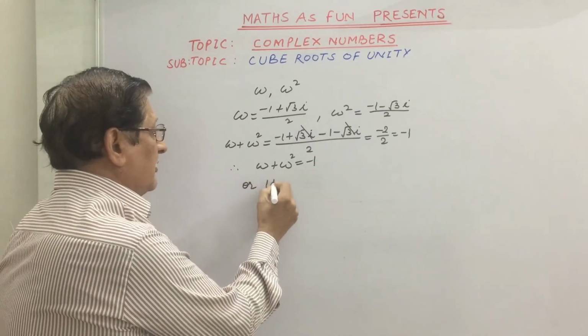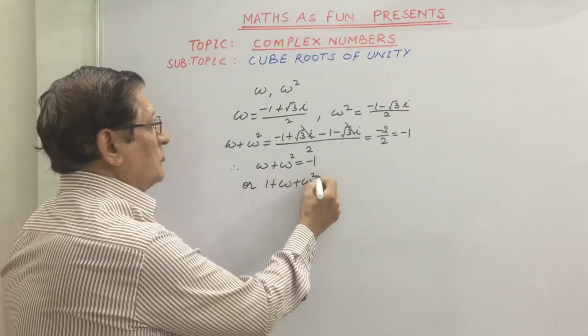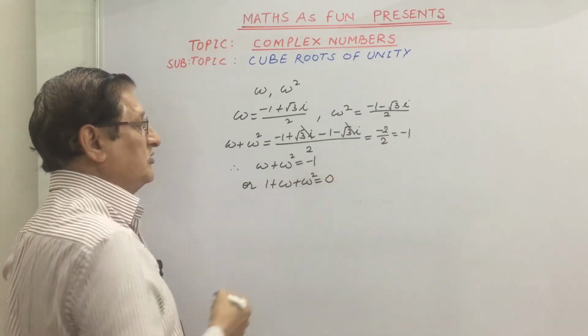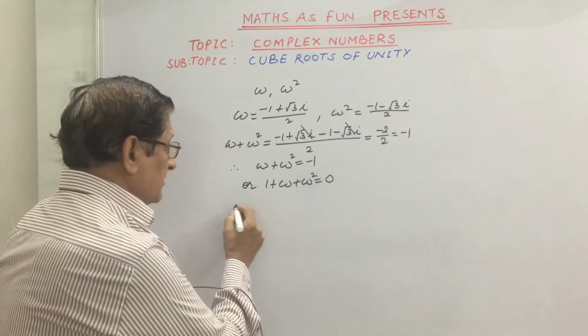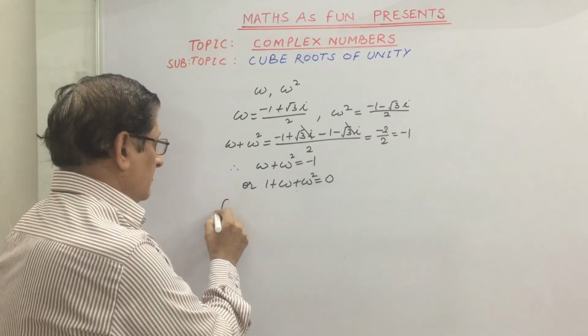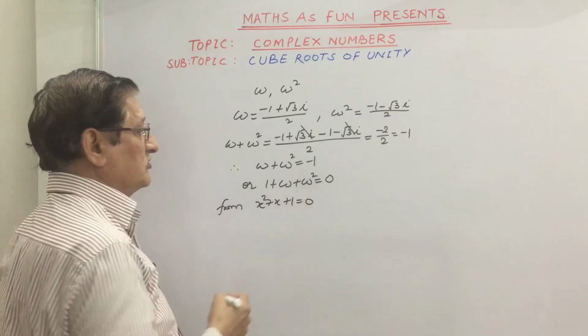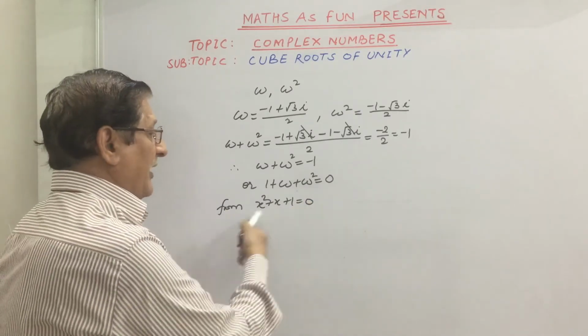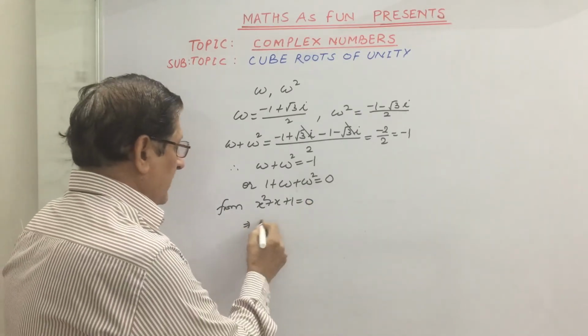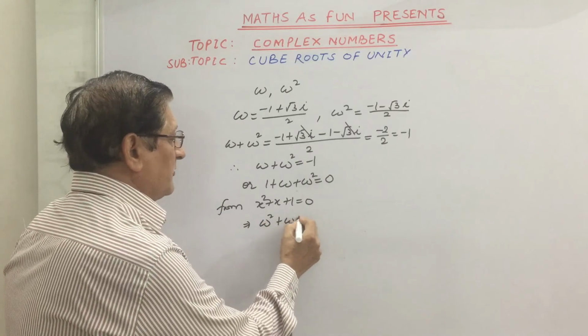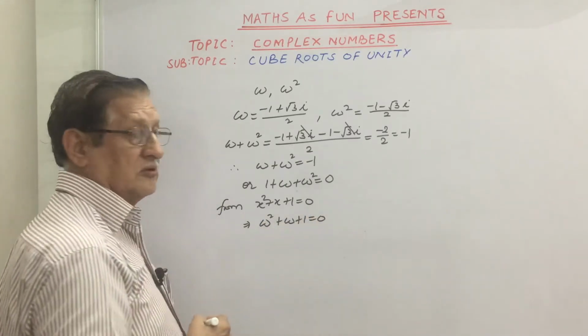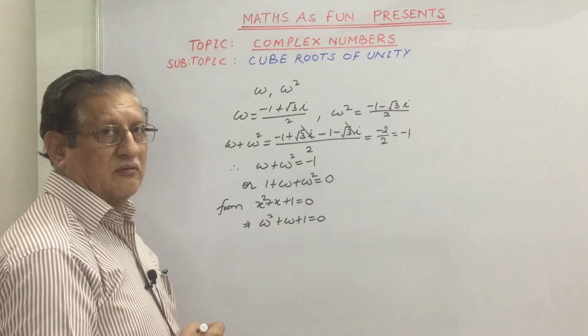Or we can say 1 plus omega plus omega square is equal to 0. Also from the relation x square plus x plus 1 equal to 0, if we substitute x as omega, we get omega square plus omega plus 1 is equal to 0.